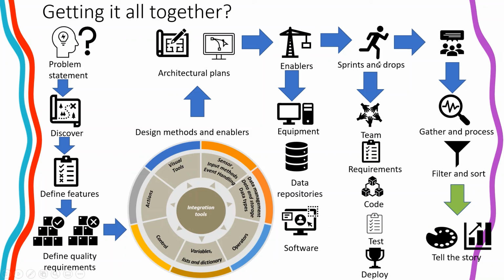We would start with what we call sprints or drops, where we scientifically, as part of an agile process, would have little sprints where we would solve the problem and then work as a team. And then finally, the drop is effectively an outcome.